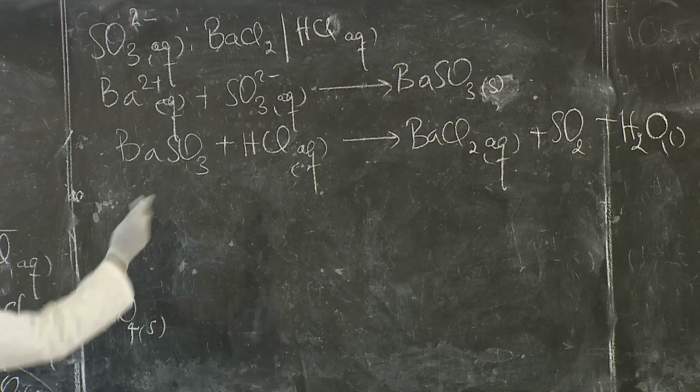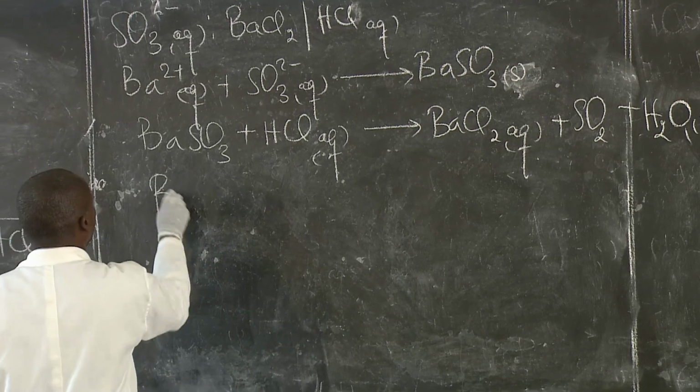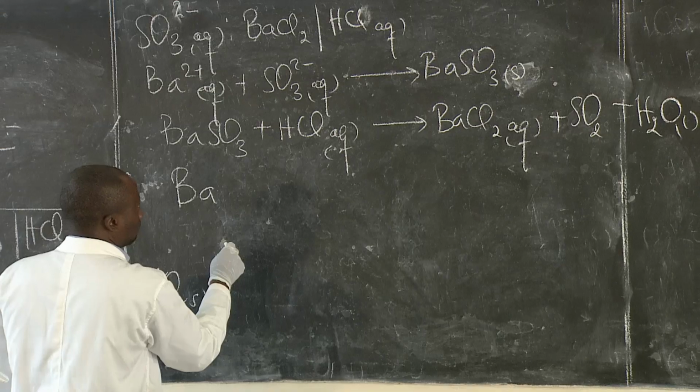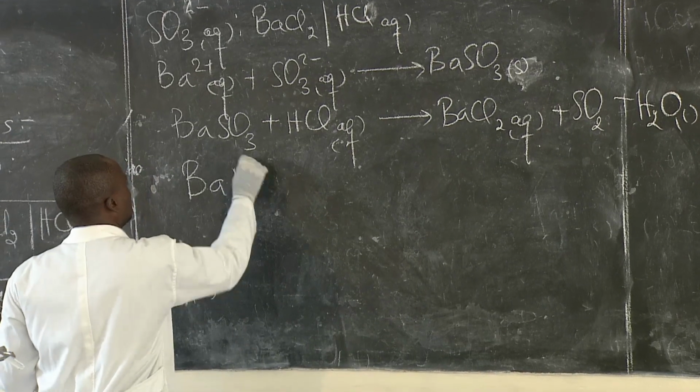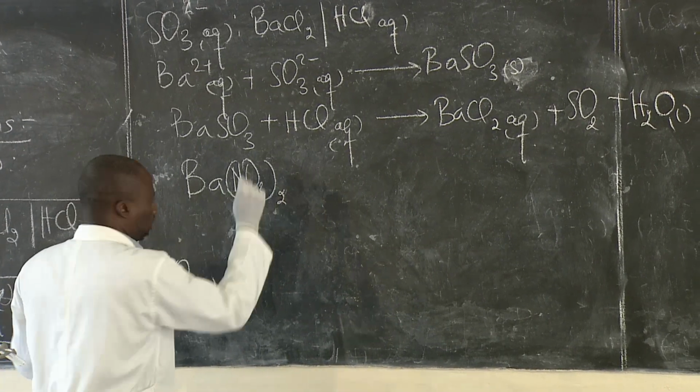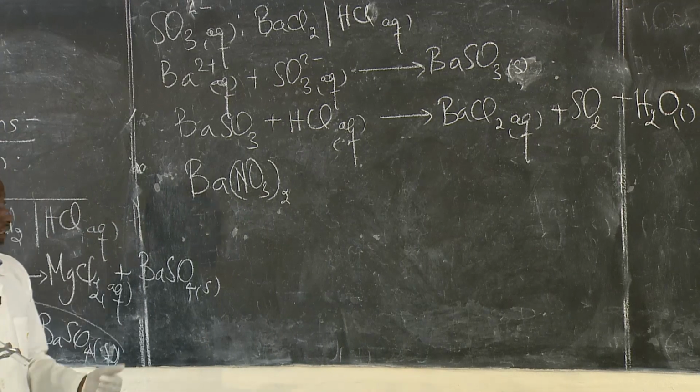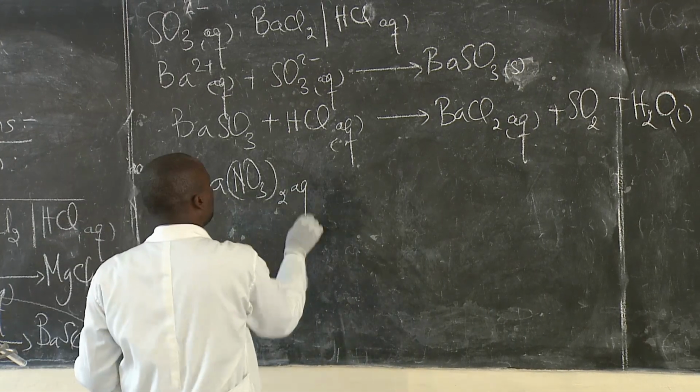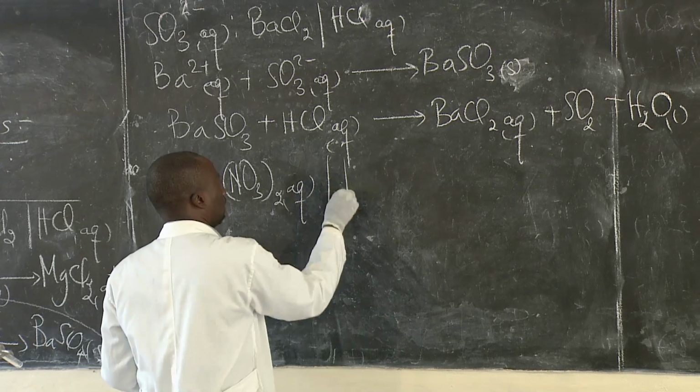There are other reagents, probably I can also mention them. You can use barium nitrate. I'm using the common reagents that are in the lab, the common ones. So barium nitrate with nitric acid.